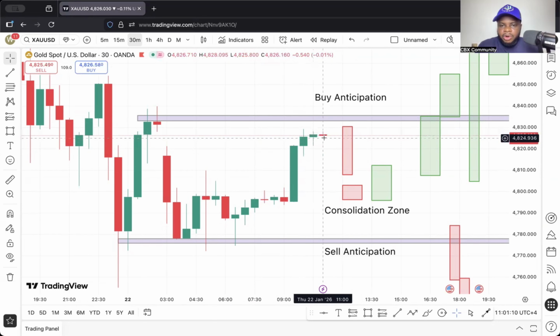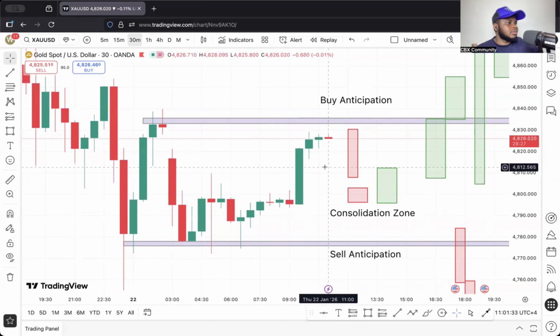So for now, we don't need to do anything. Let's see. This is London Open. Let's see what the markets want to do.